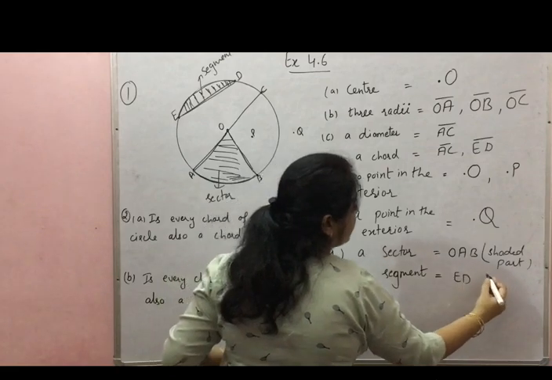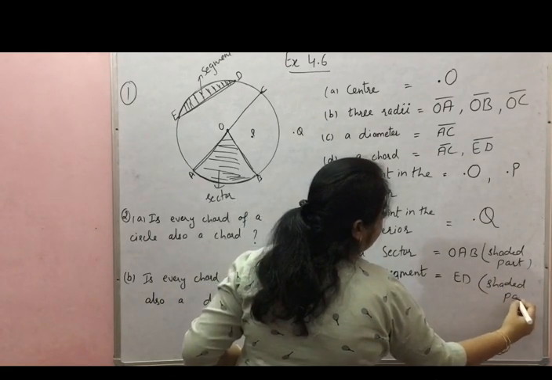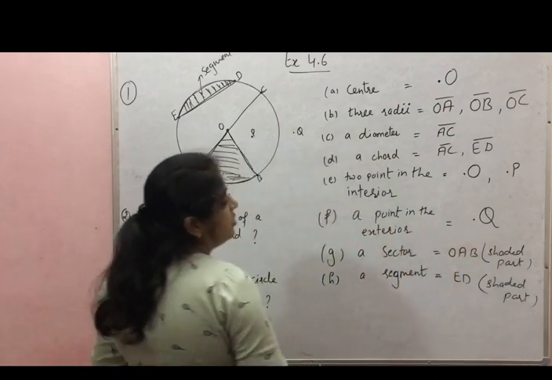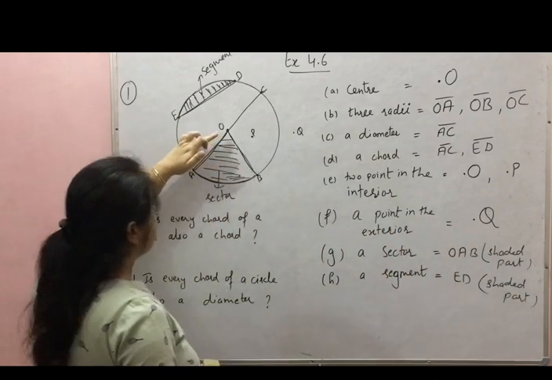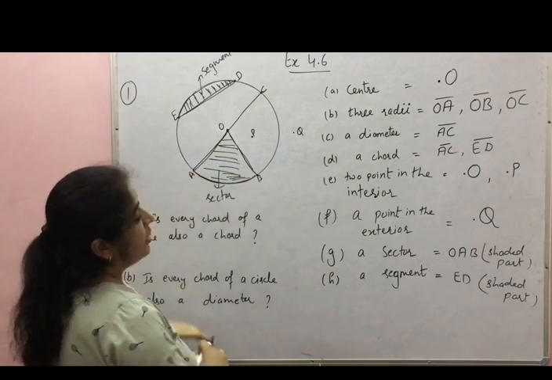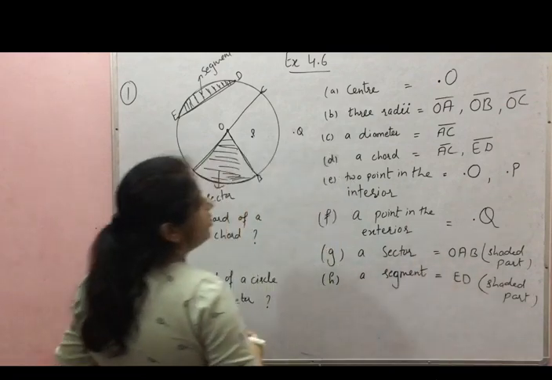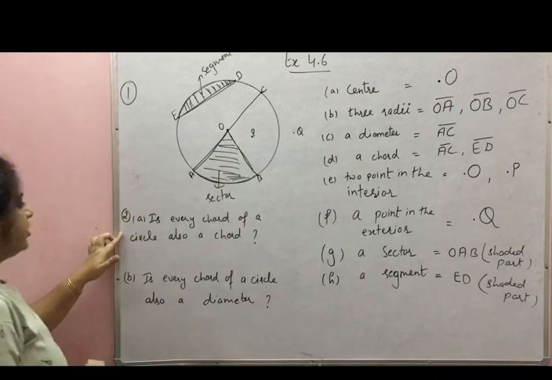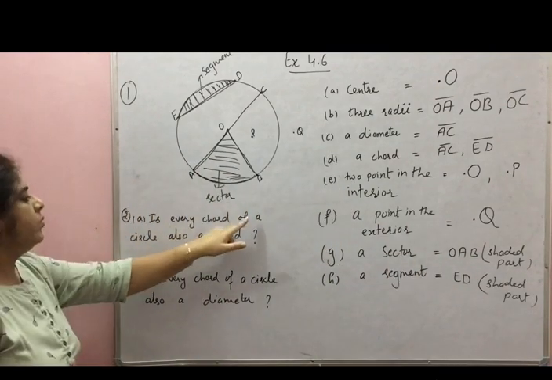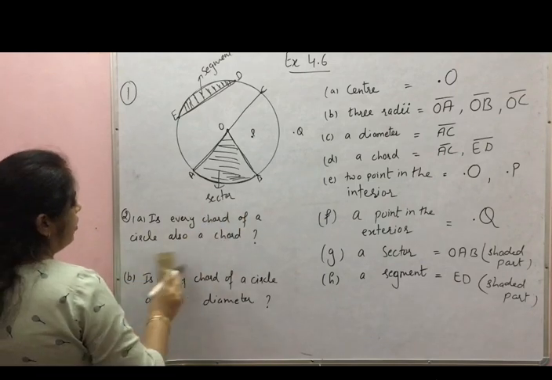So don't mark any side. Write ED, shaded part. Or we can write properly also: shaded part enclosed by radii OA, OB and the arc AB. Otherwise, you can mention like this also. This is your segment.